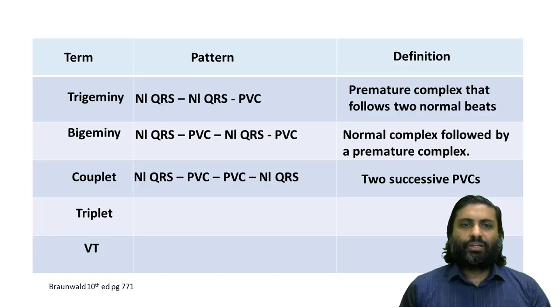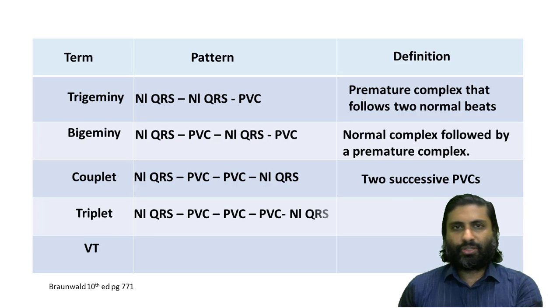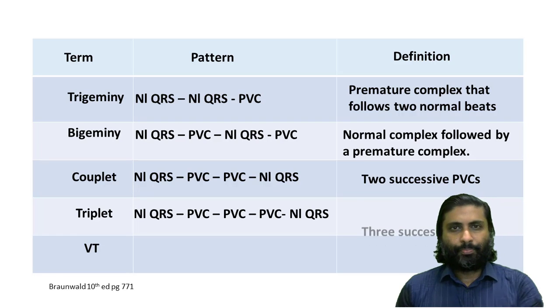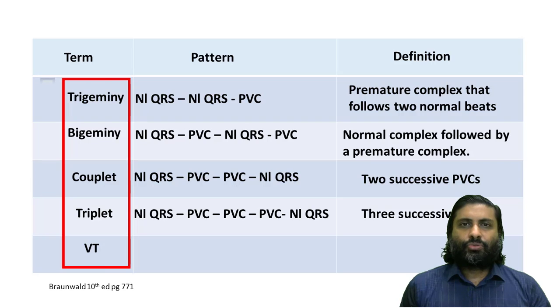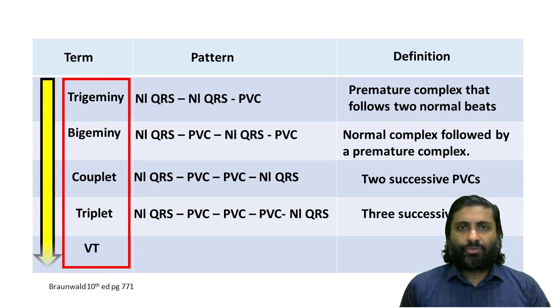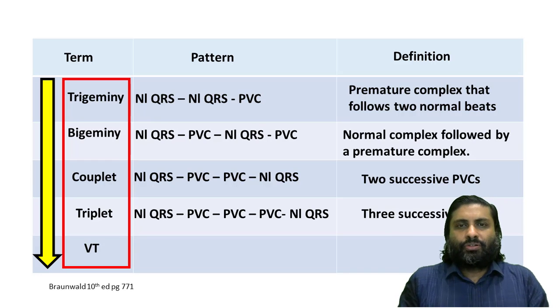A triplet would mean a normal QRS complex followed by three PVCs and then a normal QRS complex again, three PVCs. And anything more than that would be a ventricular tachycardia, which could immediately degenerate into a ventricular fibrillation, which is quite life-threatening. So as digoxin toxicity progresses, the patterns of premature ventricular contractions evolve in this particular manner.